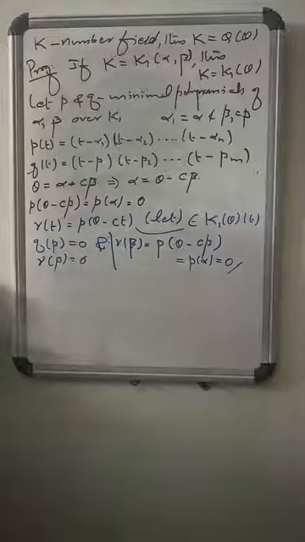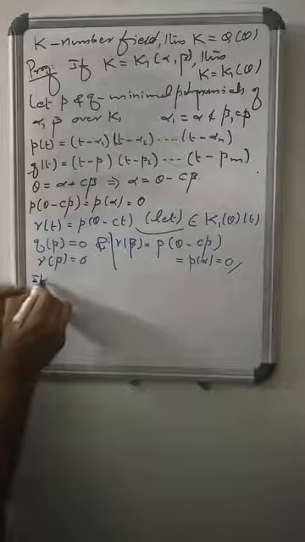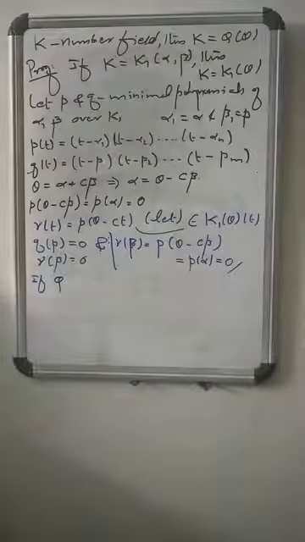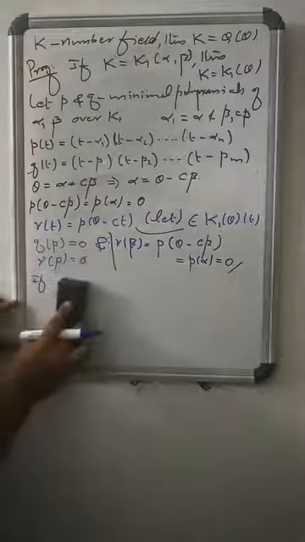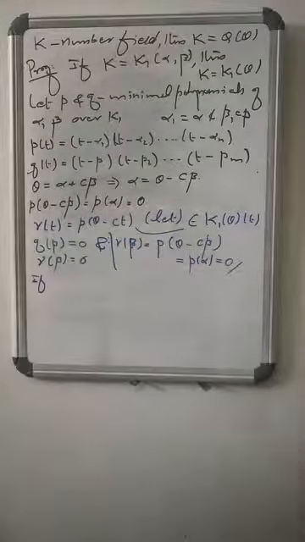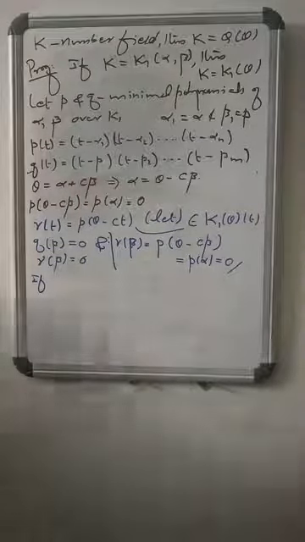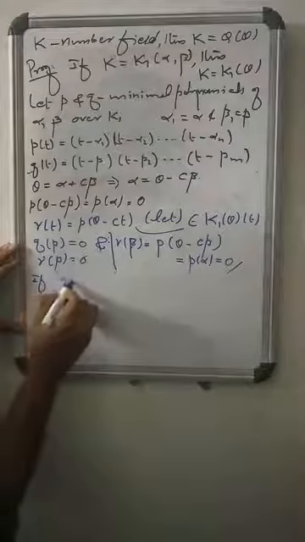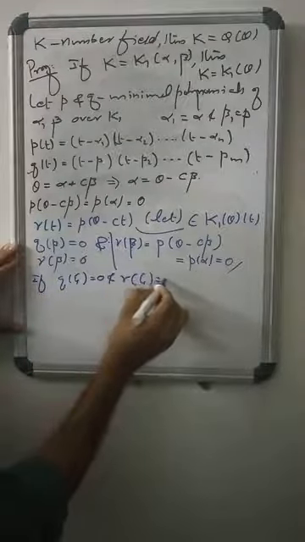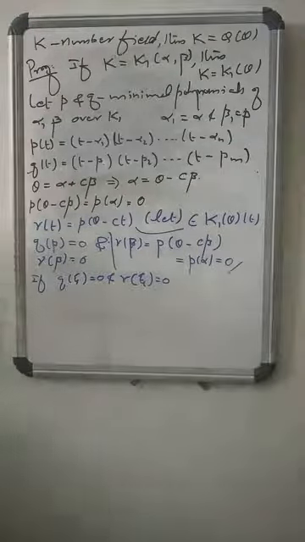We prove that Q of t and R of t have only one common 0. That is what we actually require. How to prove this? If possible, Q of theta equals 0 and R of theta equals 0.